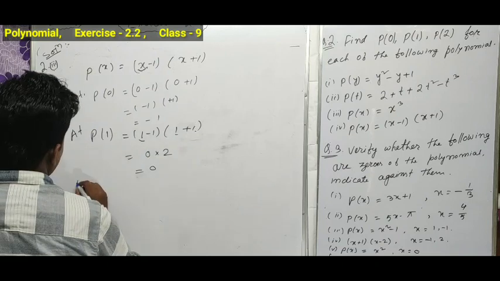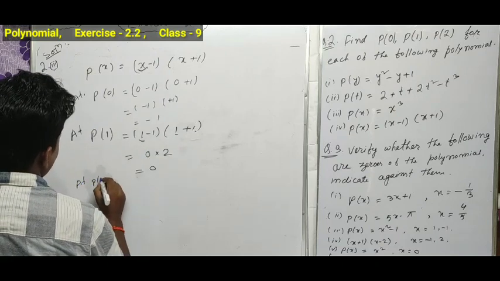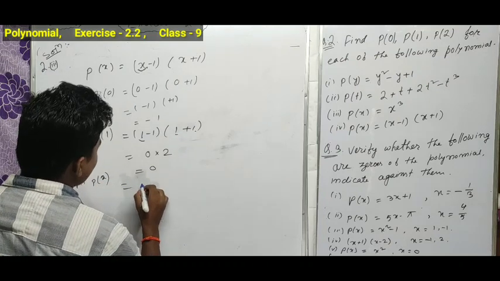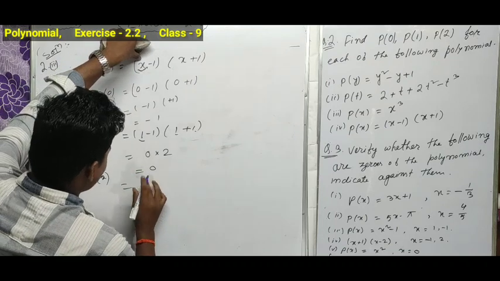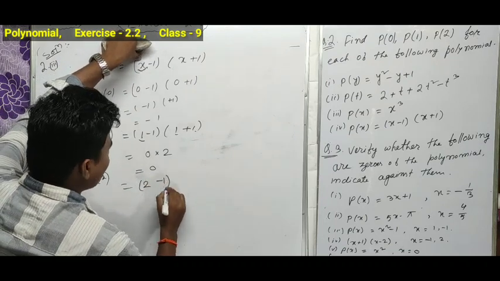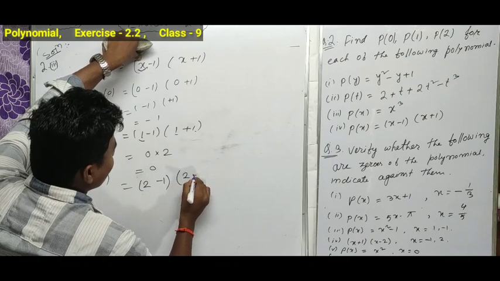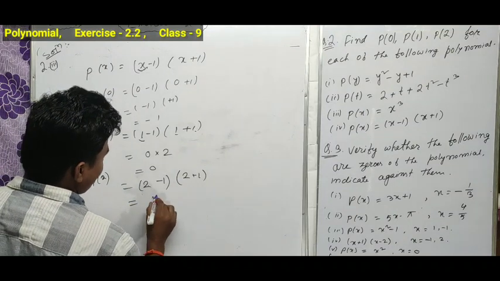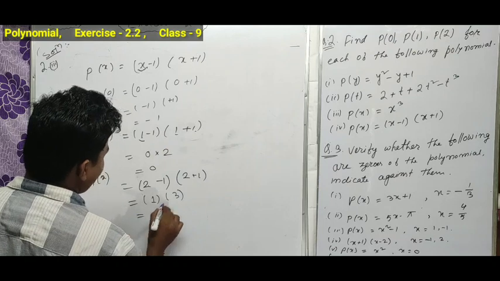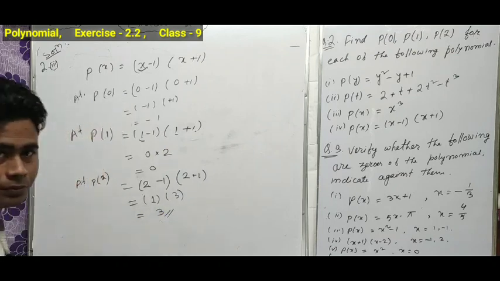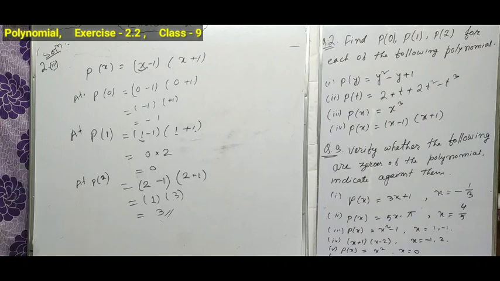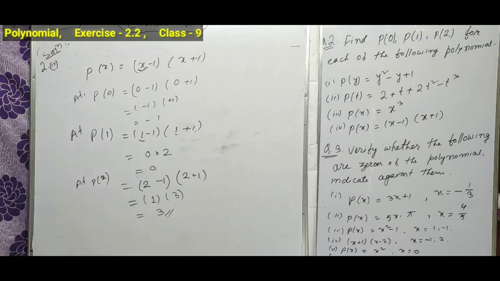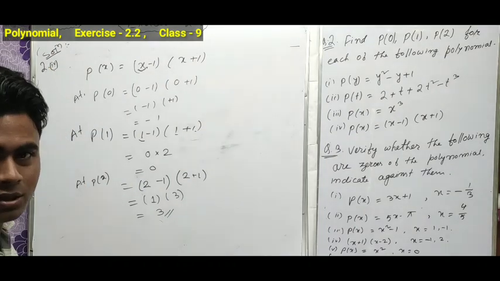Then the third one at P(2): in place of x we write 2, minus 1 is there, and 2, plus 1 is there. 2 minus 1 means 1, and 2 plus 1 means 3. So 3 times 1 is 3. This is question number 4. Hope you understood this one also.